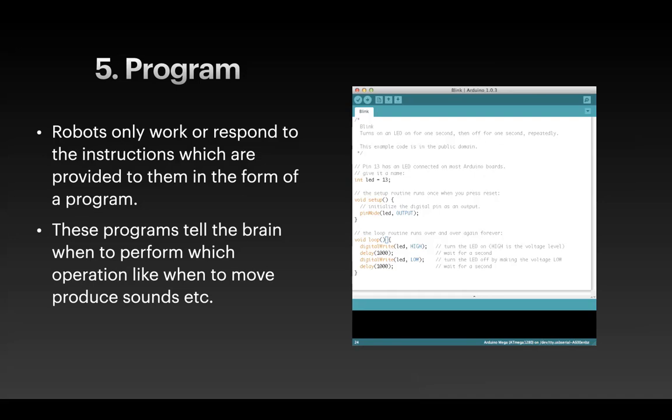That is a programming language, and that is how we tell robots what to do. These programs tell the brain when to perform which operation, like when to move or produce sounds. This is the program that we put into the brain of the robot, and that is how the robot functions, moves, or produces sounds.